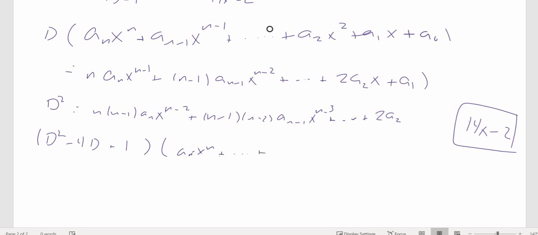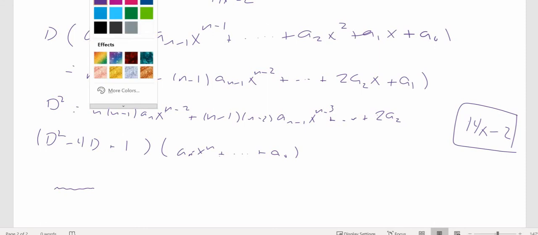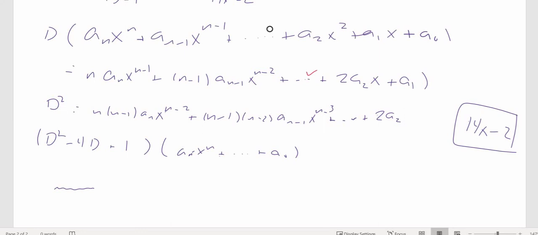So you can think about it as having the distributive property thing. So our d squared has a whole bunch of stuff, and then let me add one in here just so it makes it real clear. 2a2, so in this spot here we would have had the a3, so that would be 3a3x squared plus that stuff, right?